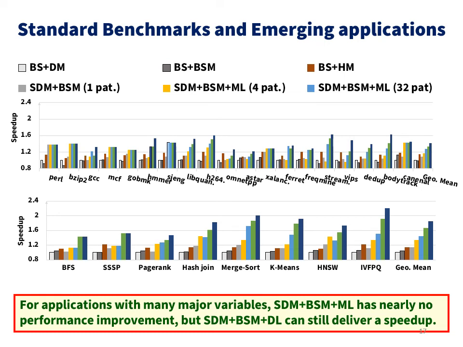However, the ML works well for applications with a smaller number of major variables such as Perl and MCF. For applications with a large number of variables such as OMNetPP and A star, the ML has nearly no performance gain. But the DL can deliver a speedup of up to 1.3 and 1.2 times.